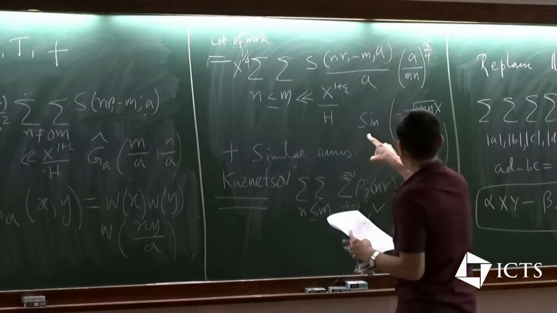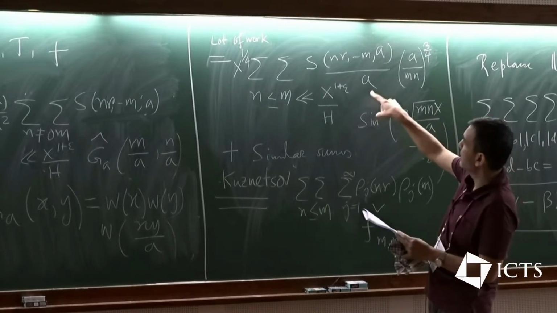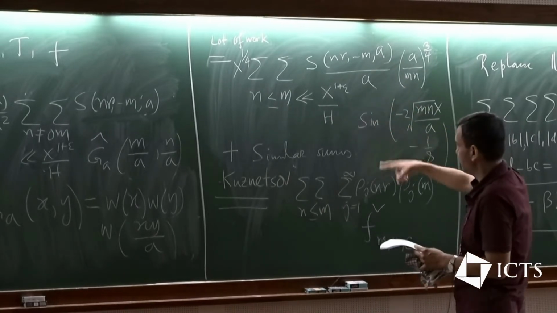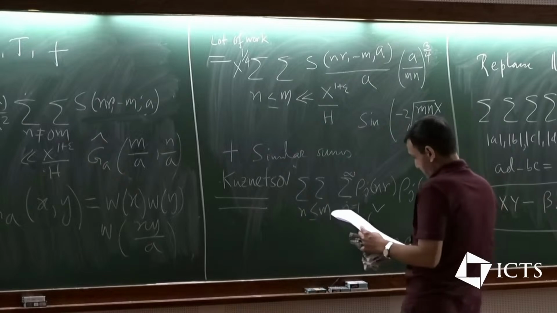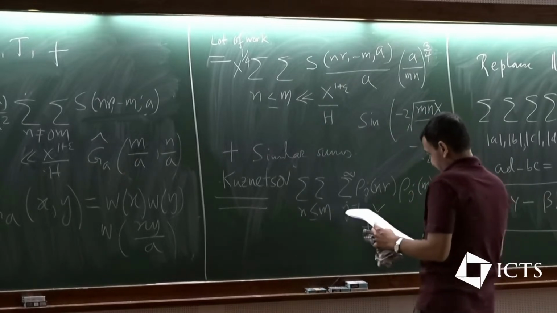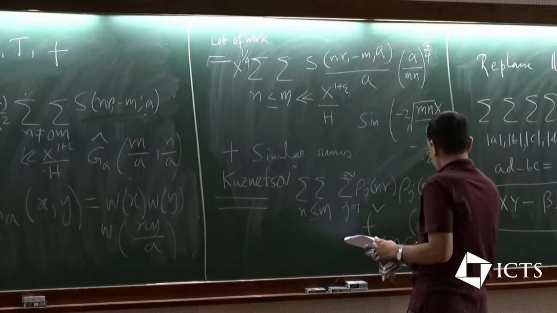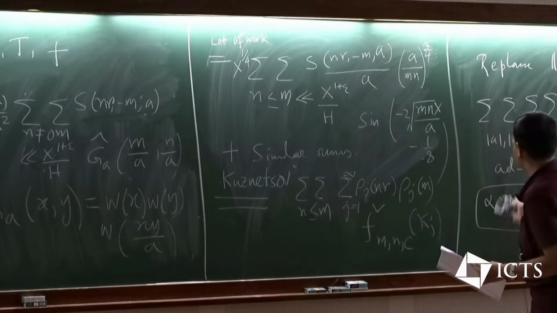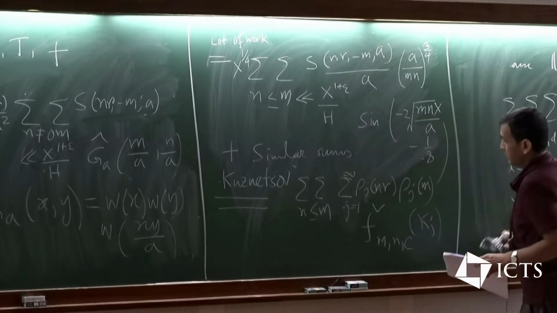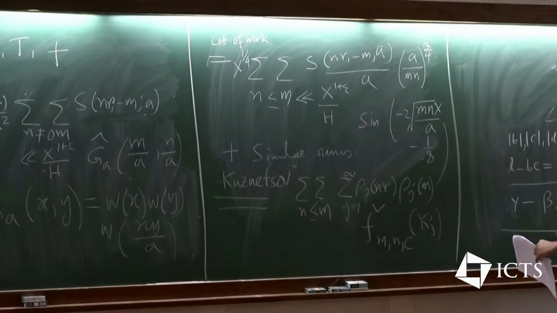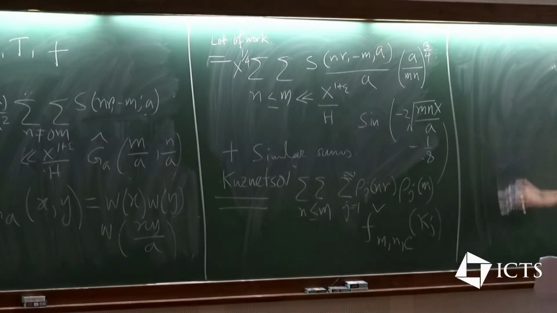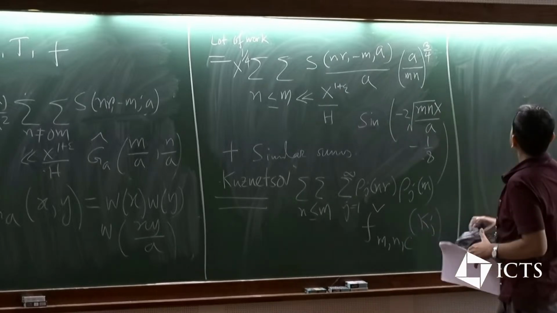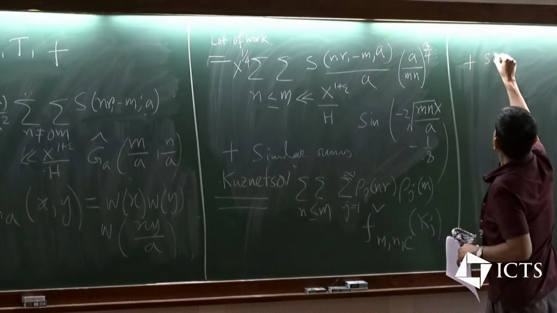So, you know, in Kuznetsov, you are more familiar with m and c by c, so I'm replacing it by c. And of kappa_j, where I have to define what F_{mn c} is. So plus similar sums.